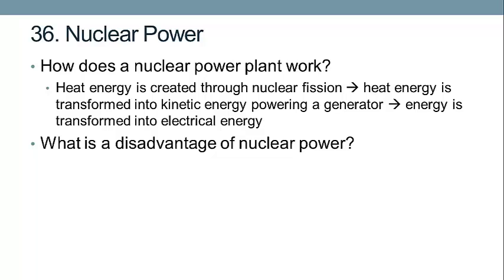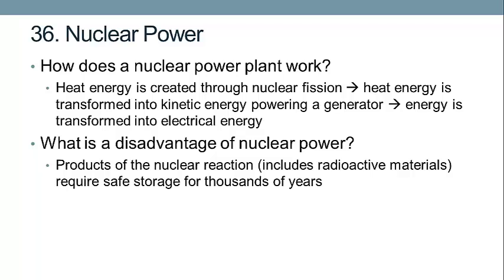This steam is used to power a generator. Energy is then transformed into electrical energy using the generator. A major disadvantage is that the products of this reaction include radioactive materials, and these require safe, careful storage for thousands of years in order to avoid any radioactivity being leaked into the environment.